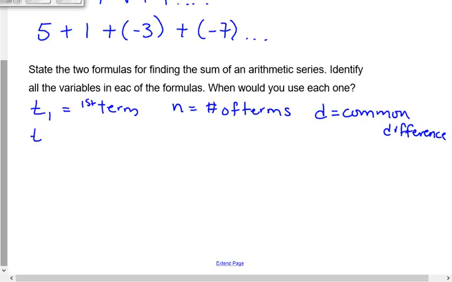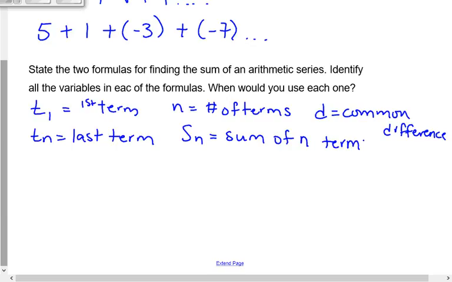Then we have Tn representing the last term. And something new is Sn, which is representing the sum of n terms. And again, that n can be any number. So if we're looking for the sum of 20 terms, n would equal 20.